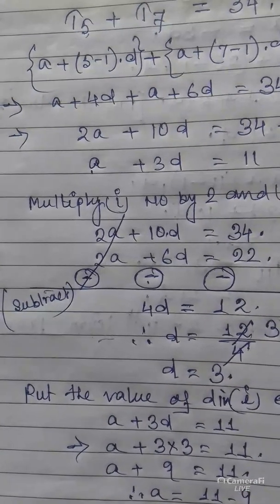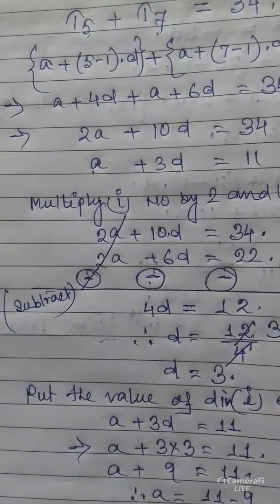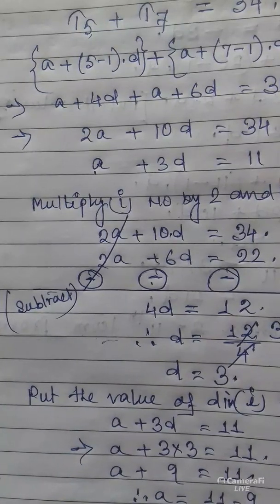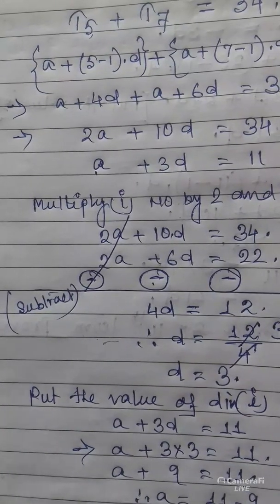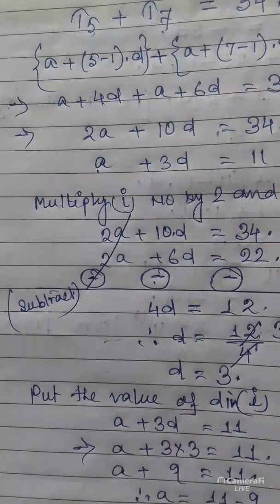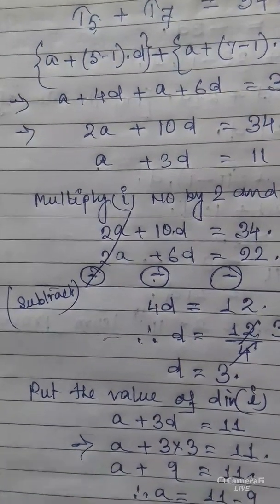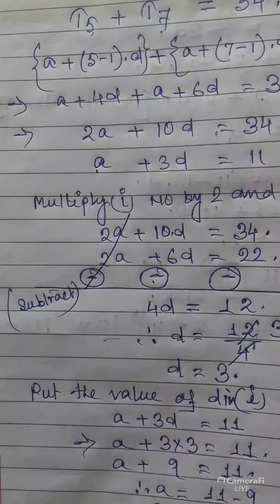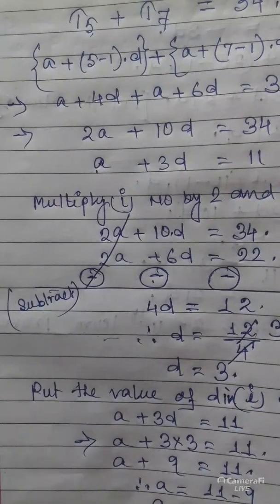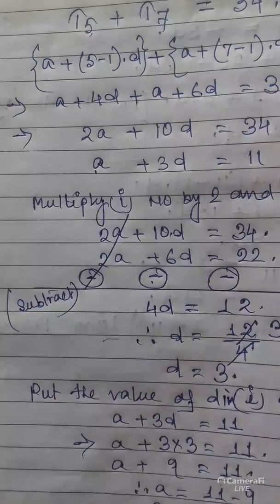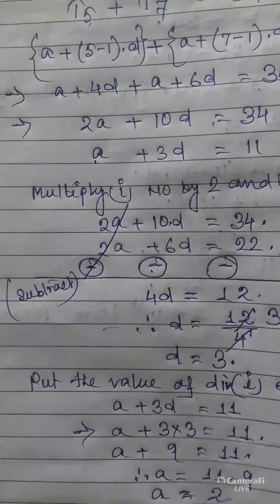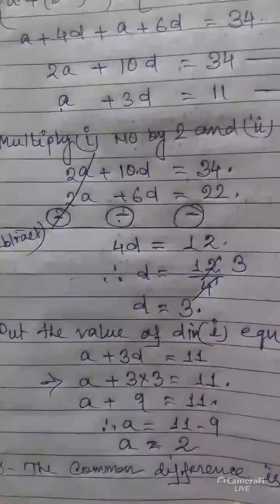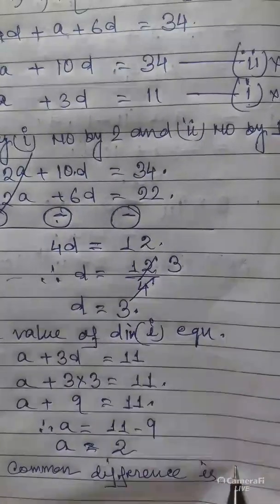Now we can find the AP. The question only asks for the common difference, so the answer is: the common difference is 3.